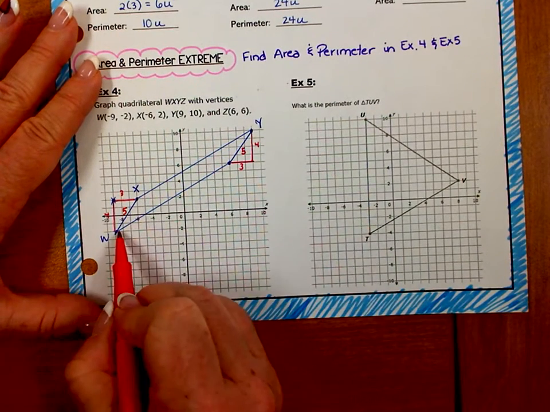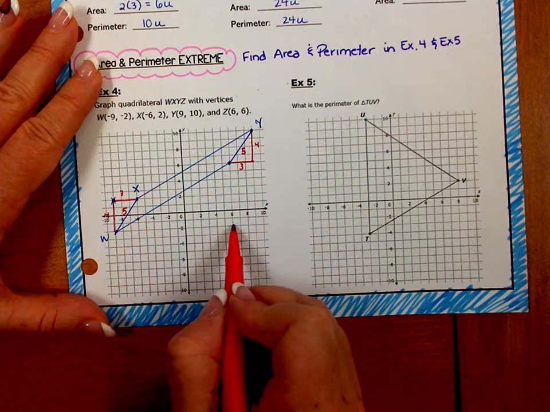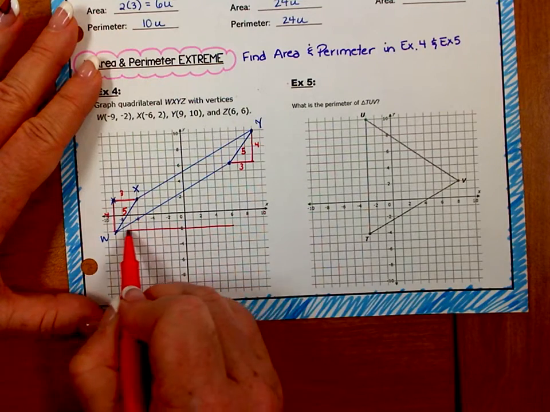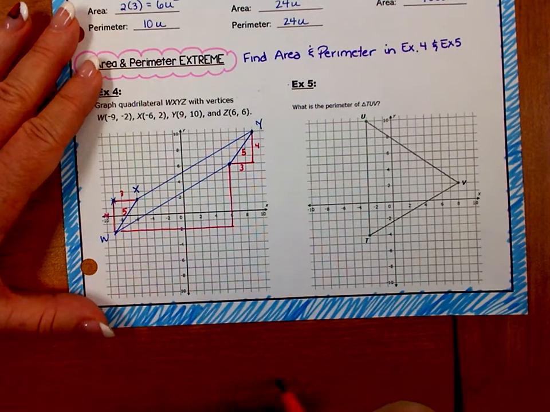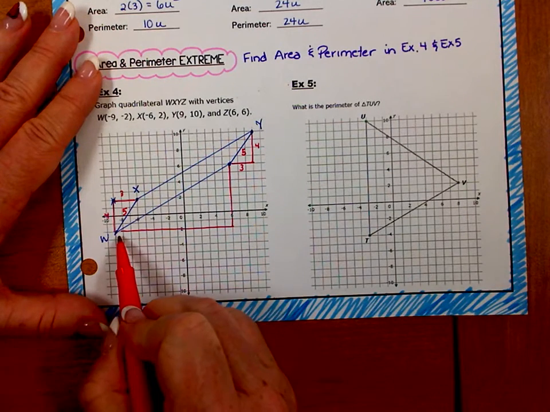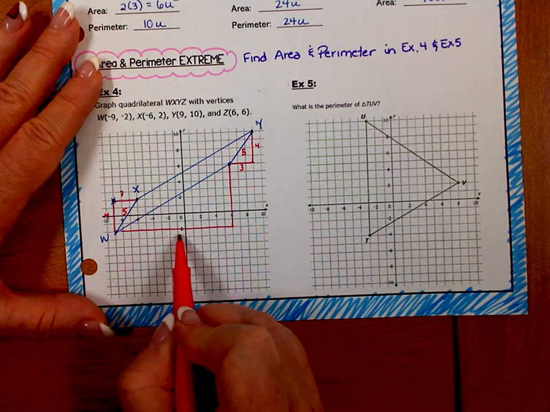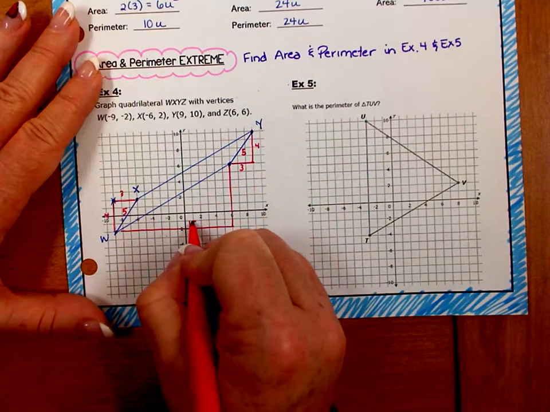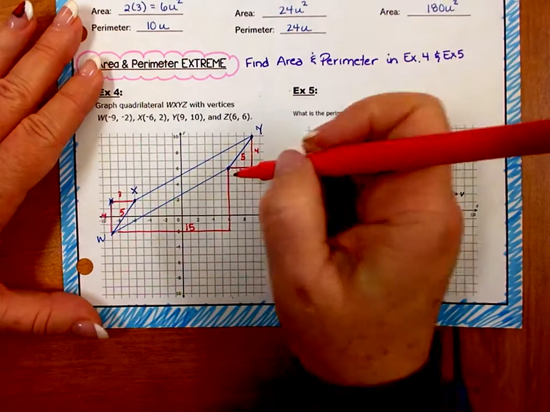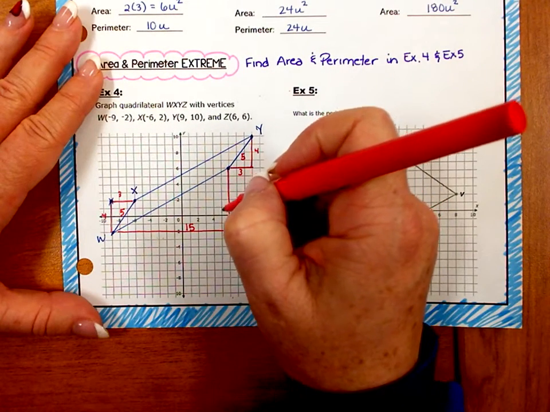Okay, now going this way, over to 6, we can draw a right triangle here, and a right triangle here. So we have 1, 2, 3, 4, 5, 6, 7, 8, 9, 10, 11, 12, 13, 14, 15. Okay, so the width is 15. 1, 2, 3, 4, 5, 6, 7, 8.